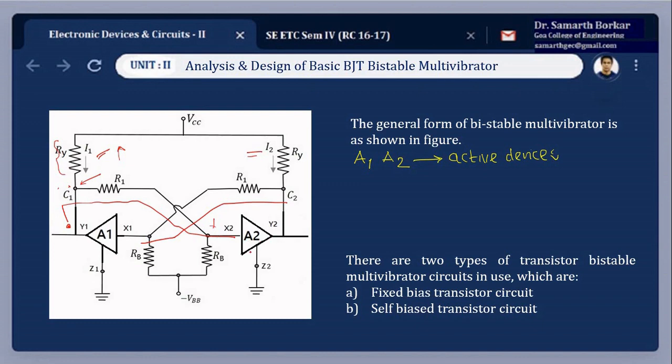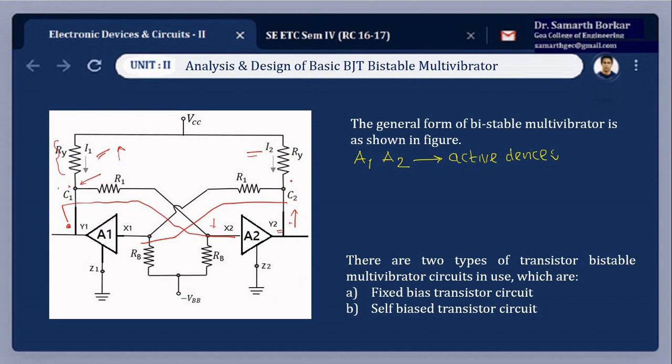We are going to use a transistor in a common emitter configuration, so this amplifier will act as an inverter. The output at this particular point will be inverted and amplified. So the output voltage at Y2 will increase.